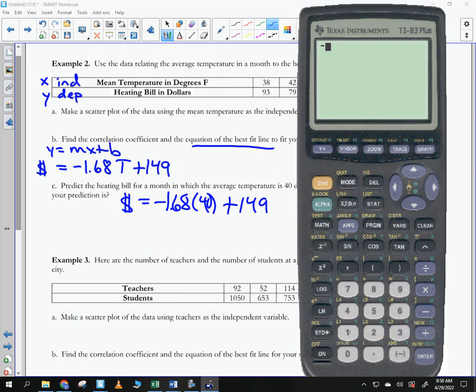So negative 1.68 times 40, and then plus 149. If it's an average of 40 degrees, we would say that the heating bill would be approximately $81.80. That's the great thing about correlation, is you can make predictions then.